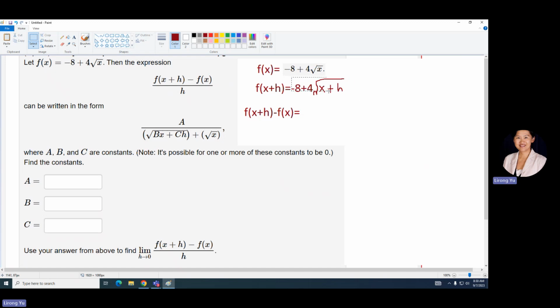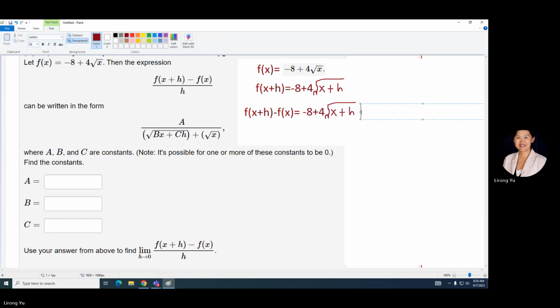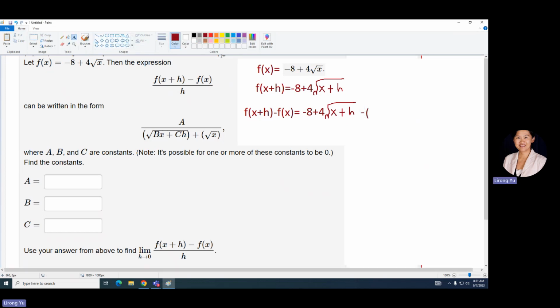We will take this one and subtract f of x, subtracting this one. I'll just copy it over because it saves time, but if you're writing on paper, you will write it piece by piece. All right, so this is the subtraction: you subtract the first expression with the second expression.